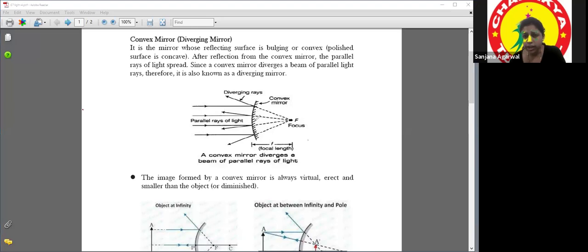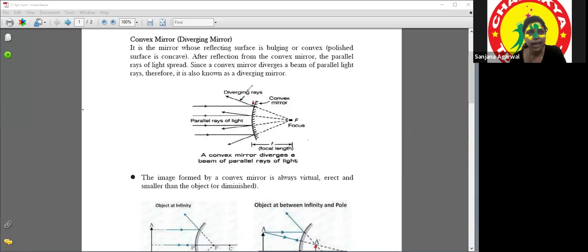When we touch the convex mirror, its mirror surface is bulged outwards, and the inside curved surface is concave. So that side is painted. We have to just notice the mirror side.